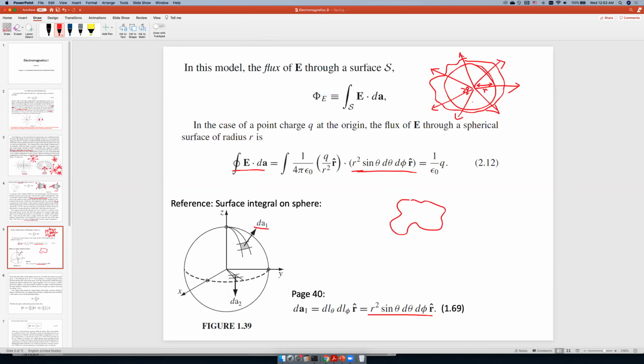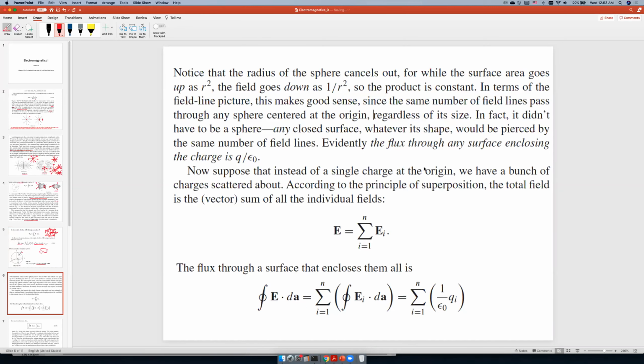So no matter which type of surface you choose, you will get the same conclusion. Flux equals Q over epsilon 0. Okay, this is the conclusion. The flux through any surface enclosing the charge is Q over epsilon 0.